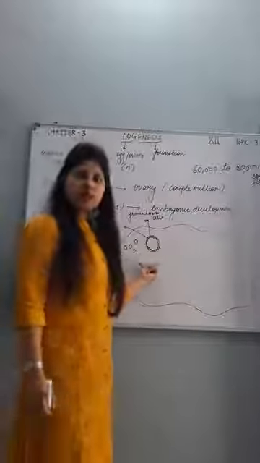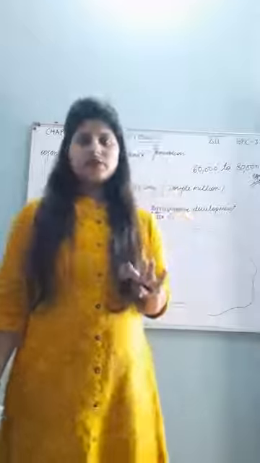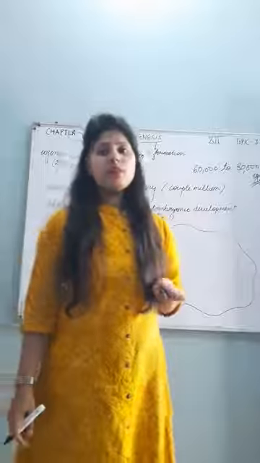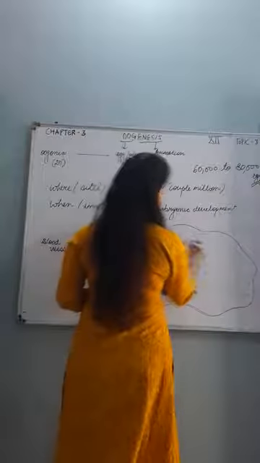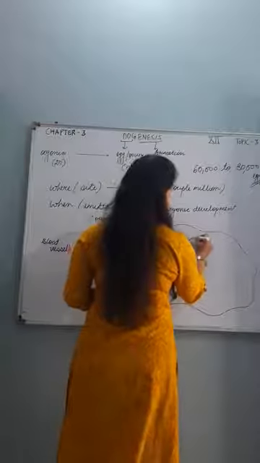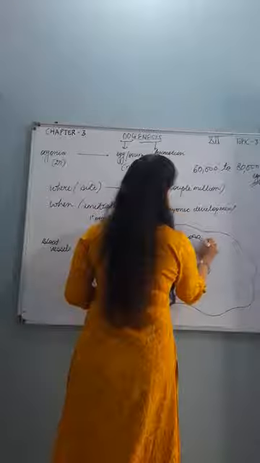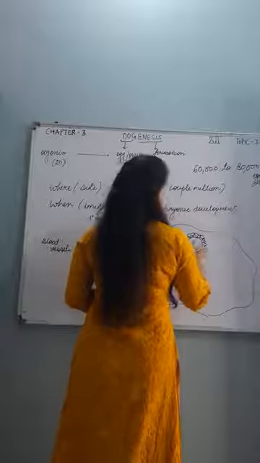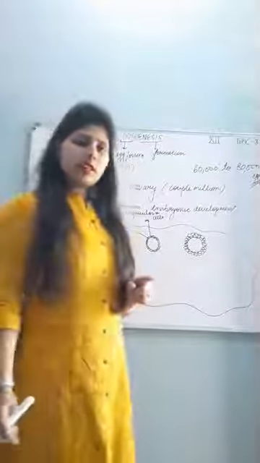Now this primary oocyte undergoes meiosis 1 and it is halted there. It means at the stage of prophase 1 in meiosis 1 it halts, it stops, and further it converts into secondary oocyte, covered with several granulosa cells.